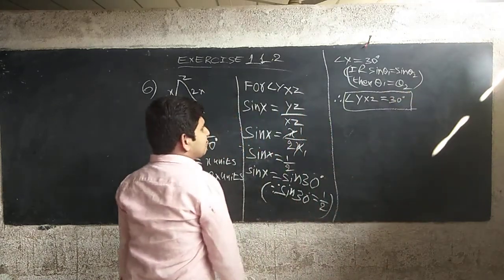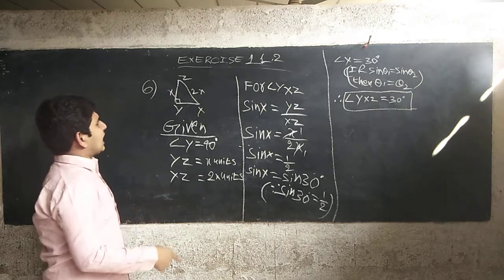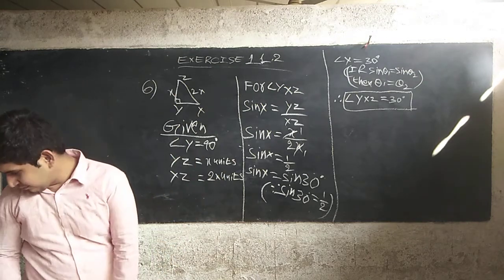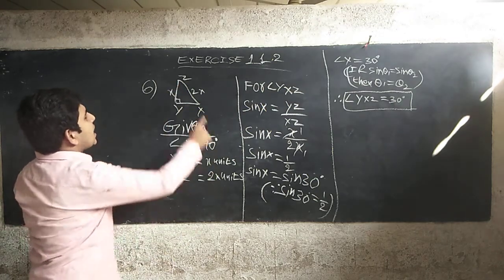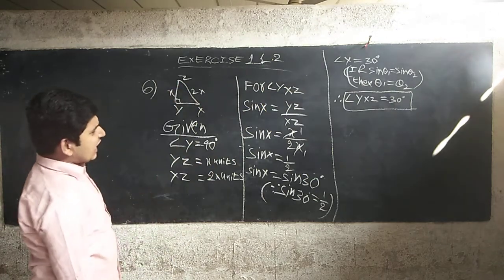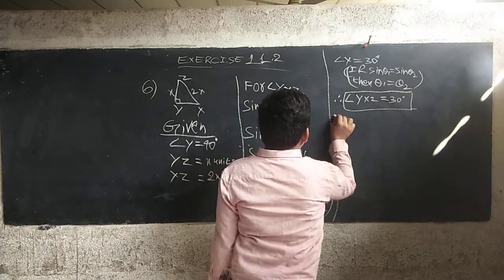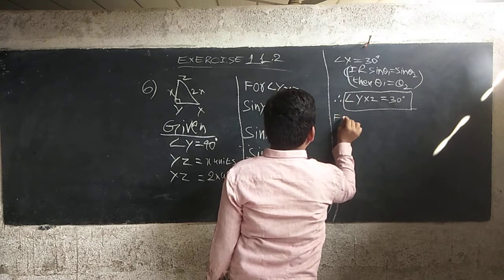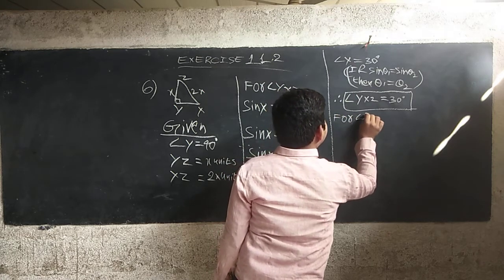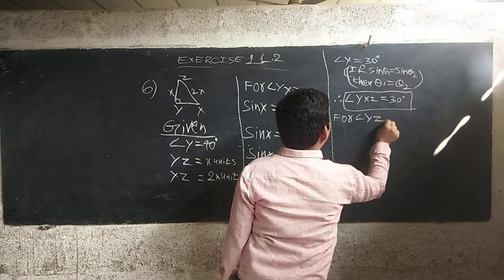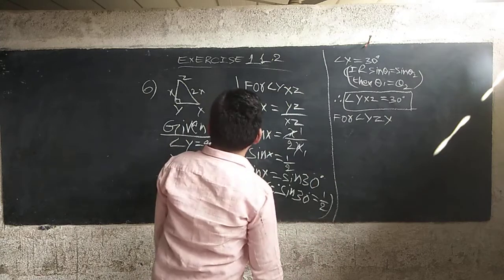Next, we have to find angle yzx, that is angle z. Now for angle yzx we take cos z. Why?